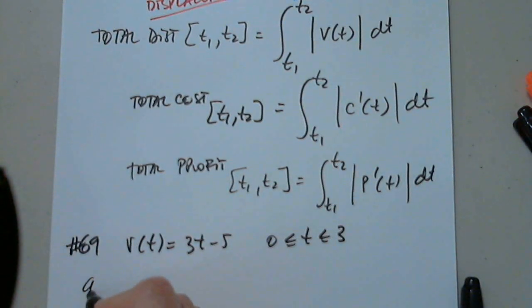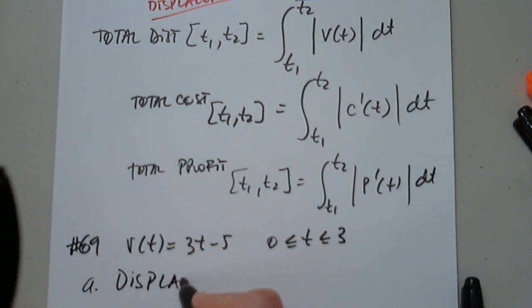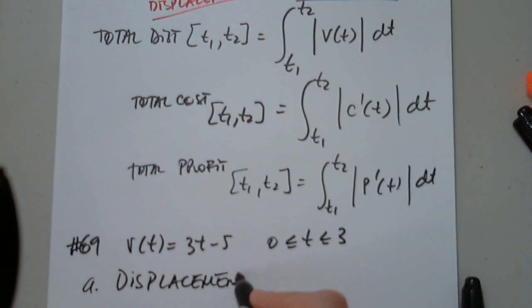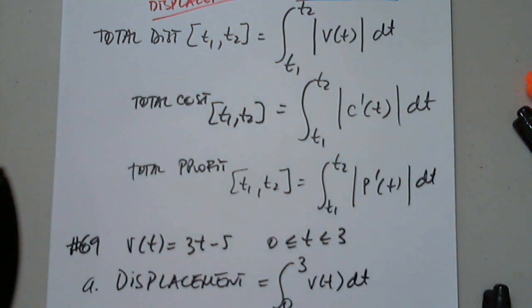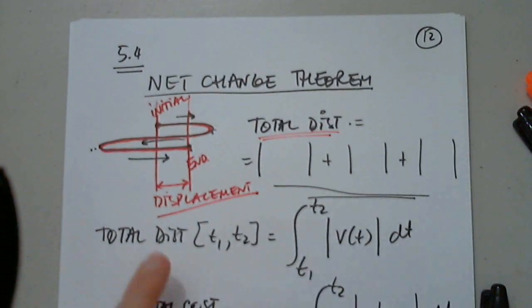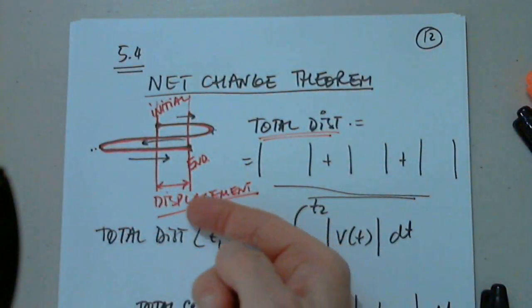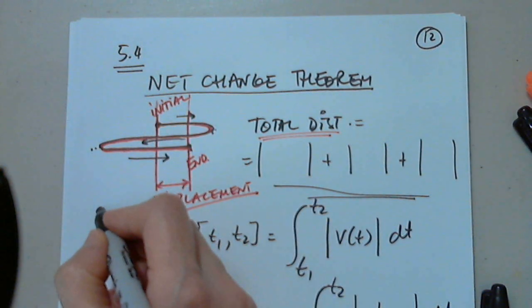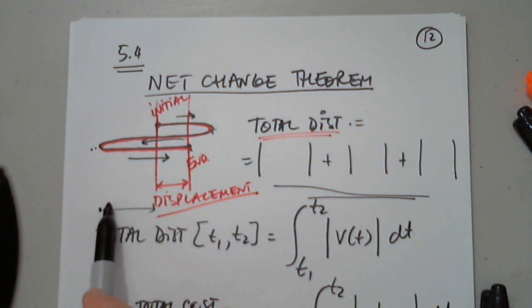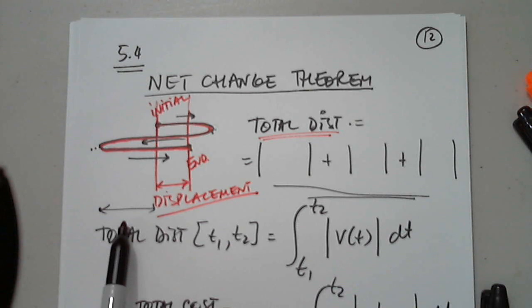The displacement is basically the integral from 0 to 3 of v of t dt. Whatever it is, it could be positive or it could be negative. So if the initial point is here and the end point is here, the displacement can be negative.